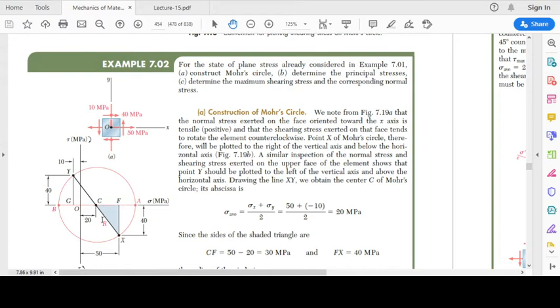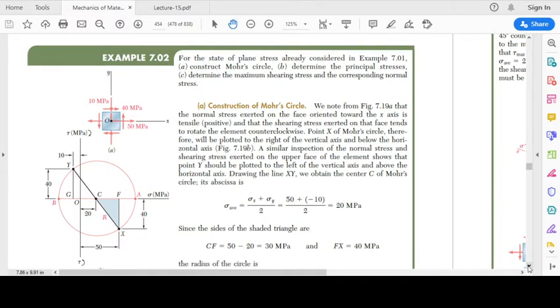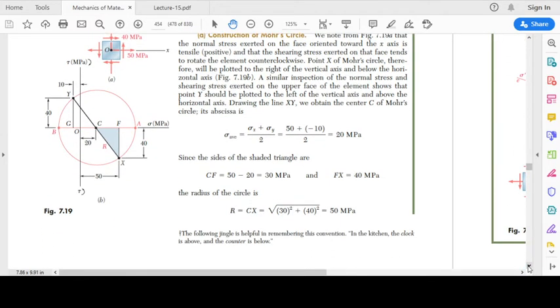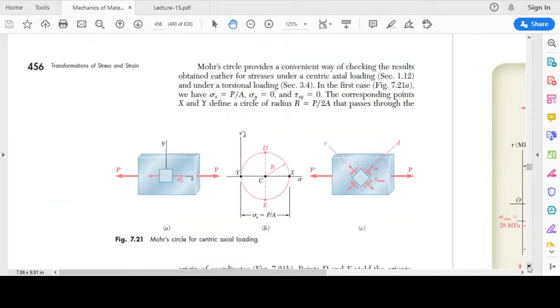In this triangle we have CF equal to 50 minus 20, and Fx equal to tau xy, which is 40. So we can find R. It is the square root of 30 squared plus 40 squared, which comes out to be 50 megapascals. So this R is going to be equal to the maximum in-plane shear stress.